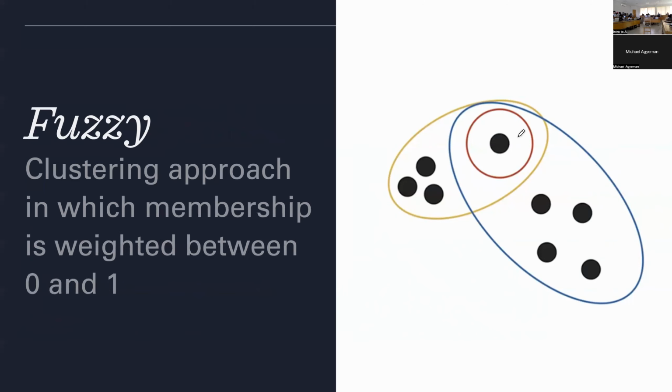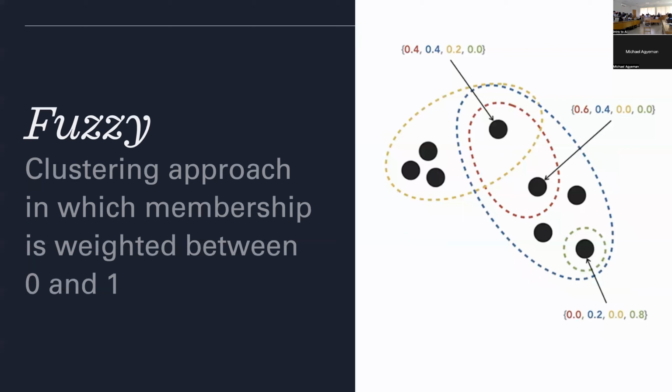Then you have fuzzy. So fuzzy in this sense, the question is, how do we tell whether the data point belongs to this cluster or maybe belongs to the other cluster? So with fuzzy, we're using probabilities. And again, with probabilities, we have the range between 0 and 1 in this instance. So in this case, we have, let's say, 40% chance that it belongs to red.